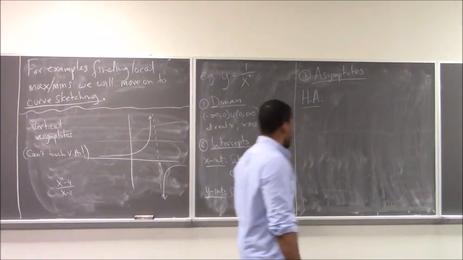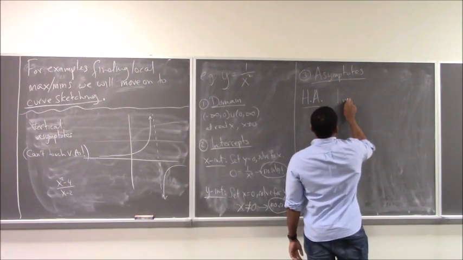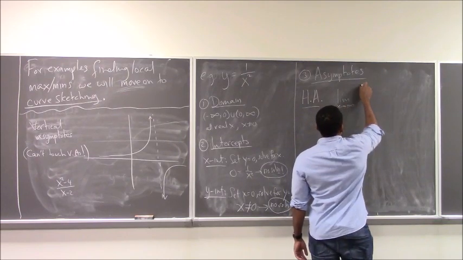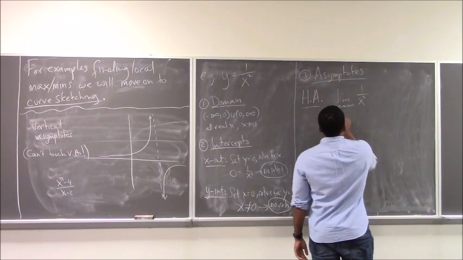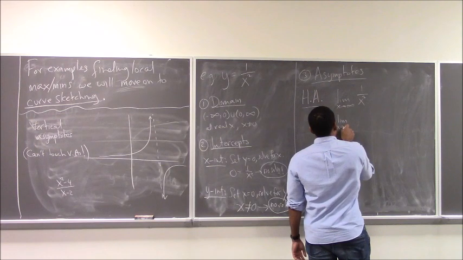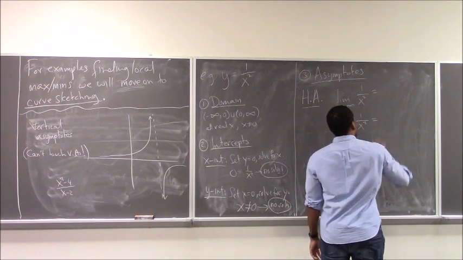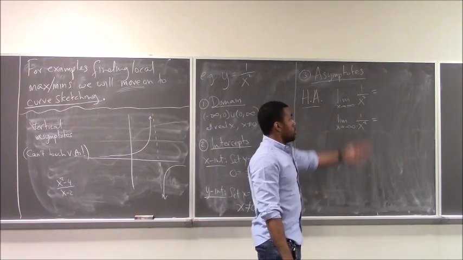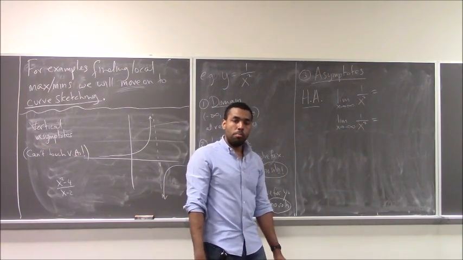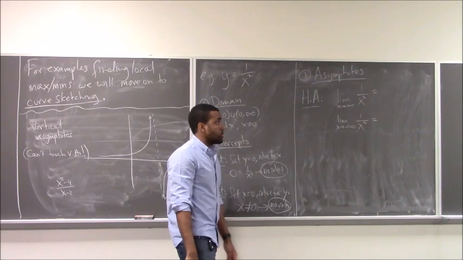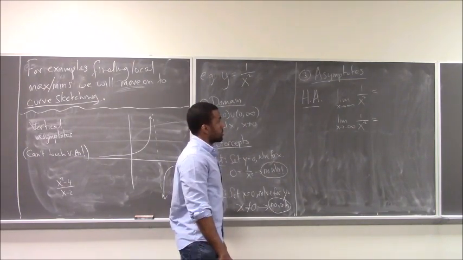Therefore, we take limits. So we find the limit as x approaches infinity of our function, and the limit as x approaches negative infinity of our function. What's that answer? 0.